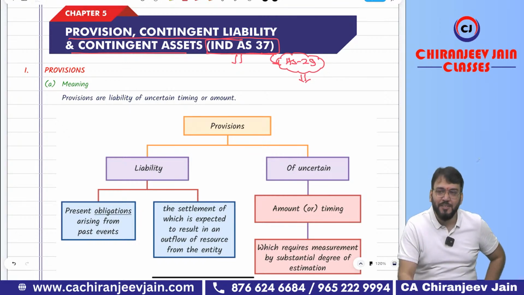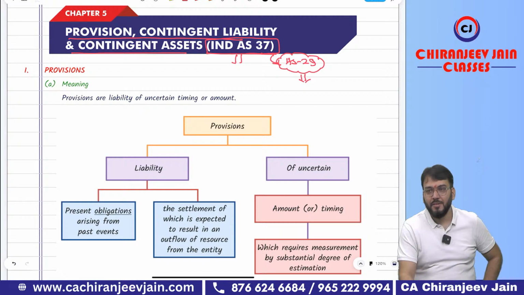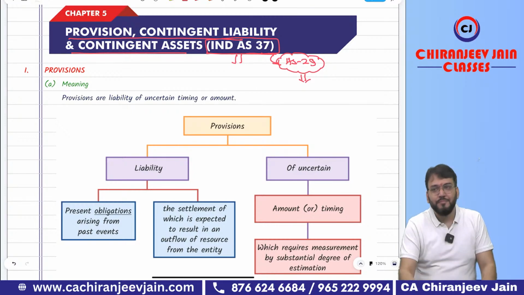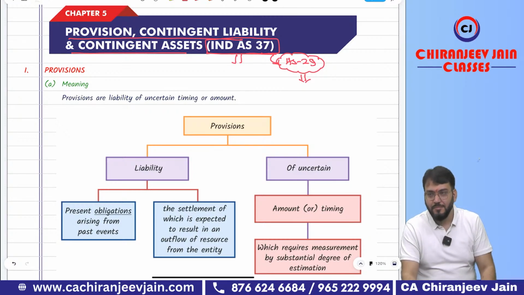More probable means what? High chances. High chances means what? More than 50%. Okay. Means for all expenses. Which expenses?